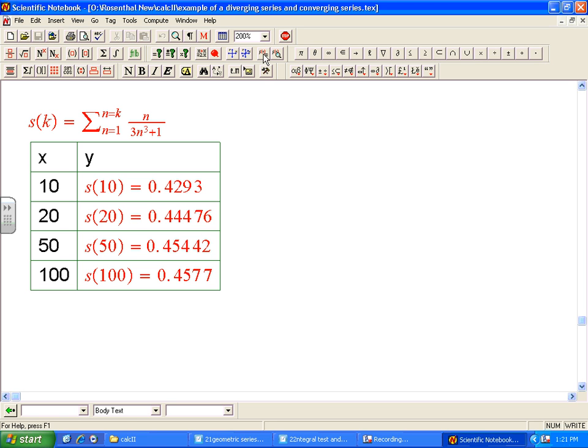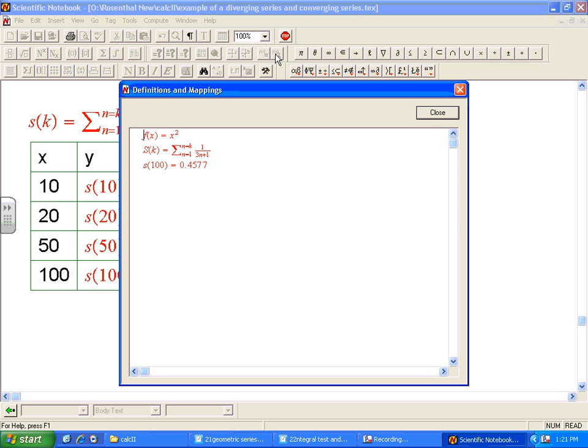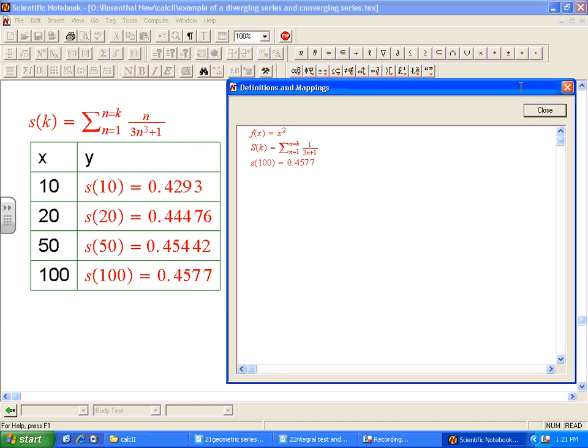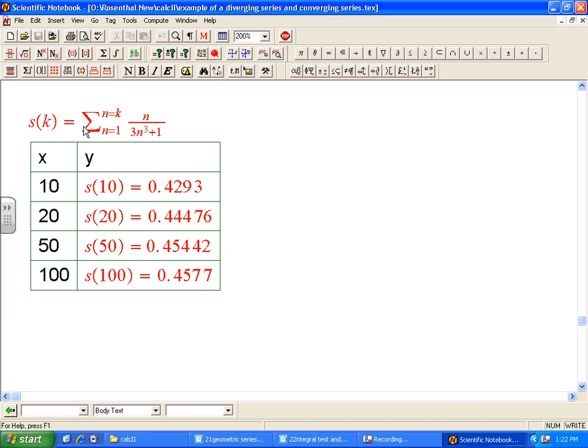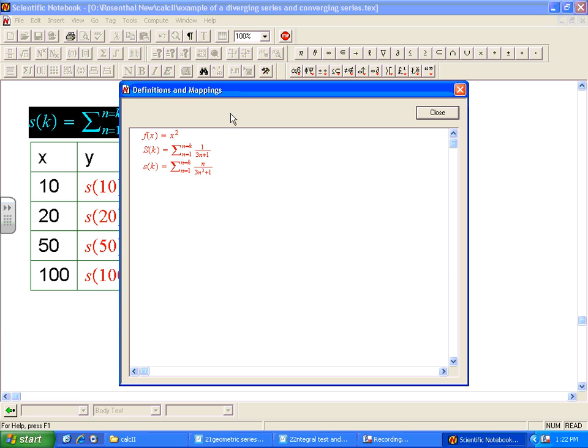Let me check something. I define a function here. I want to show you what happens with 1,000. So let me define my function. I'm going to define this as my function. There's a defined thing up here. F of x equals what? I'm defining it just to make sure. I'm going to look under the magnifying glass.